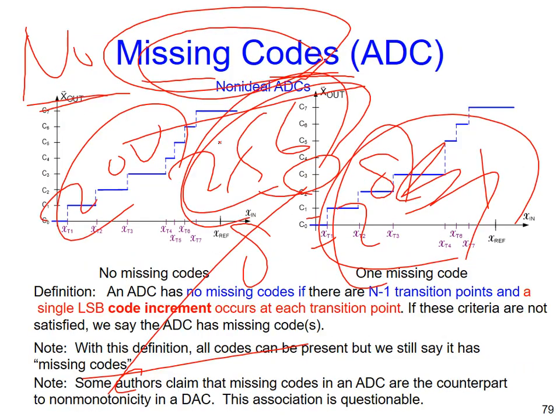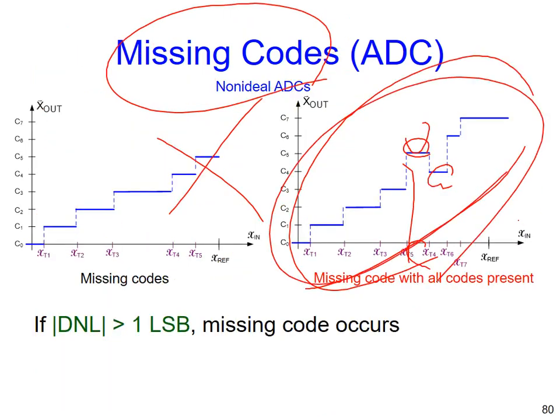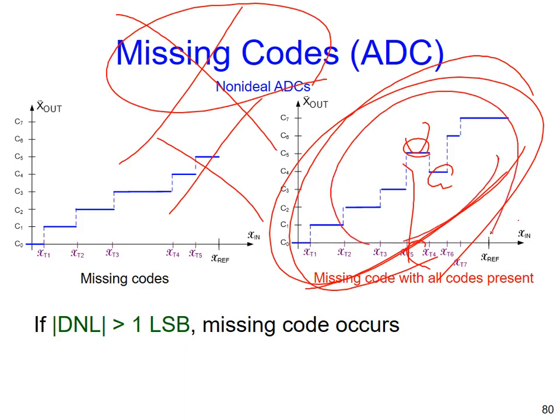So if you have something like this, people will still say, hey, you have missing code. And this is a very good lesson for all of you. Even for such a simple idea for a definition, you need to be very, very careful because a wrong definition will get very strange, very odd results.